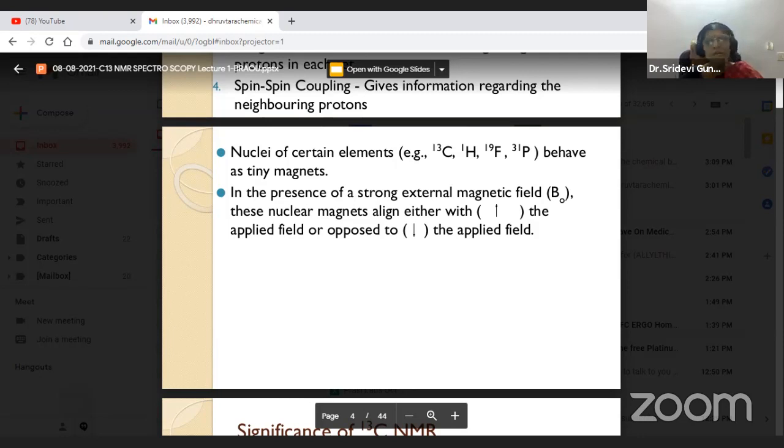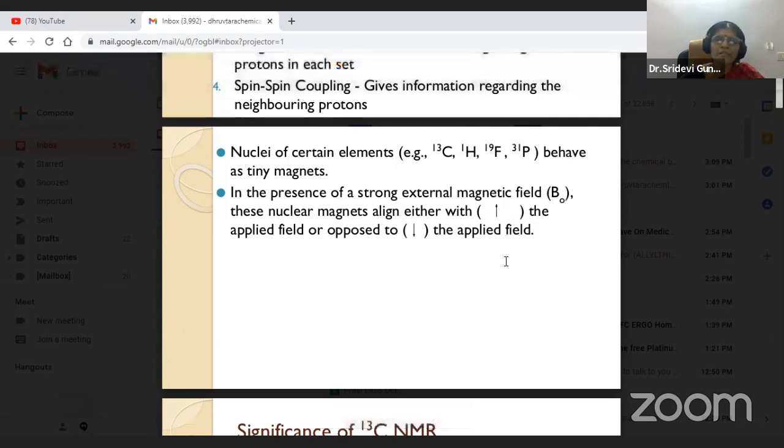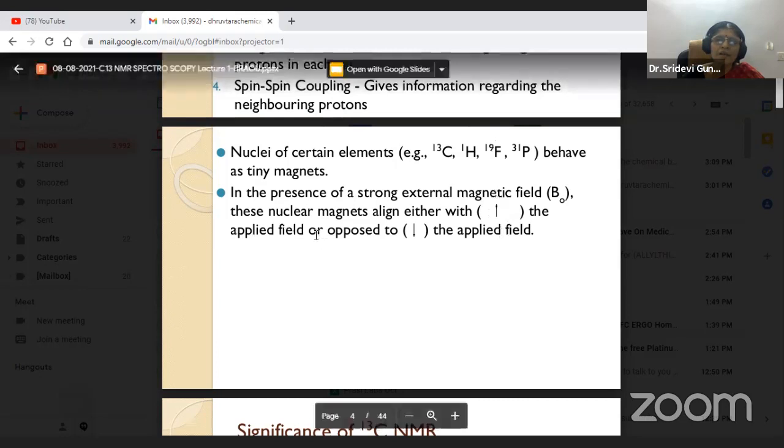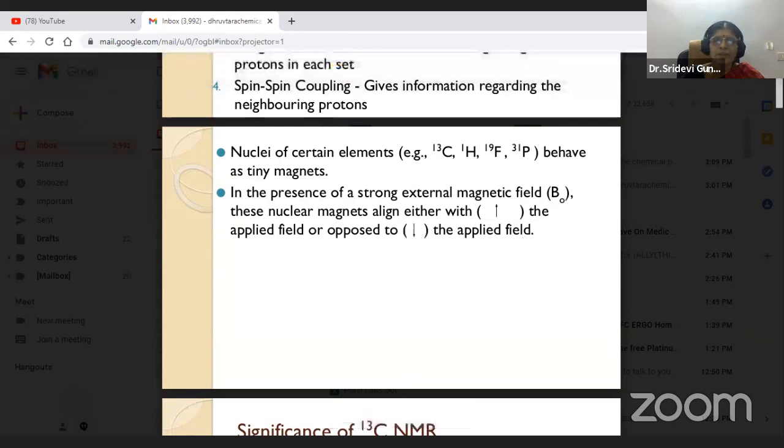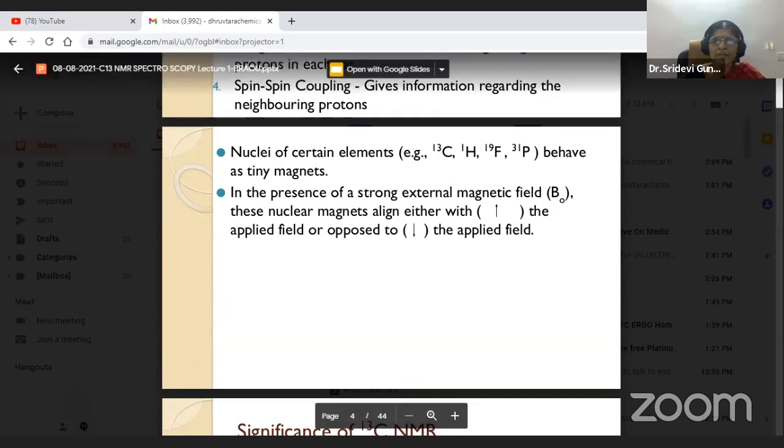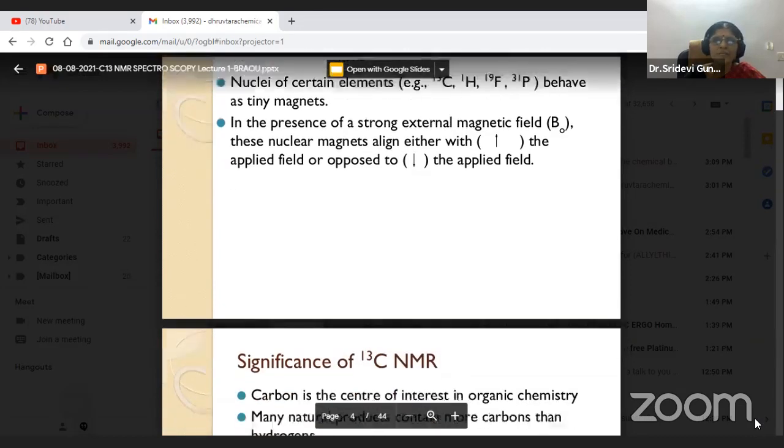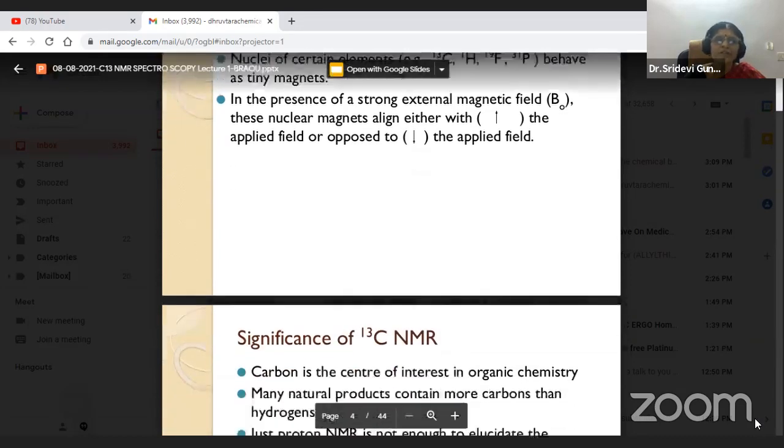Like any other magnet, in the presence of a strong external magnetic field, these nuclear magnets align with the applied field, in line with the applied magnetic field, or opposite to it. When they are aligned with the magnetic field, their energy is low. And when they are opposite to the applied magnetic field, then the energy is high.